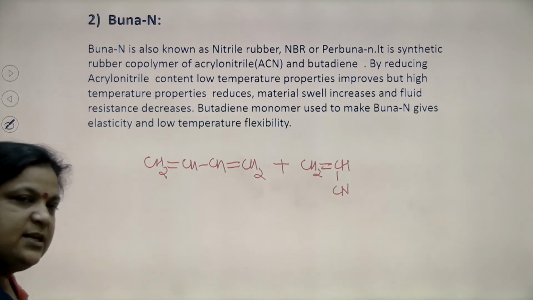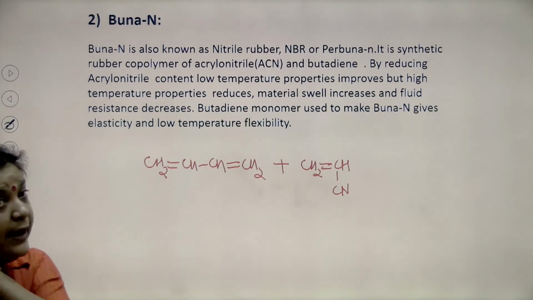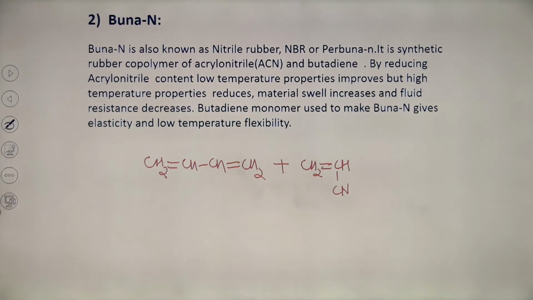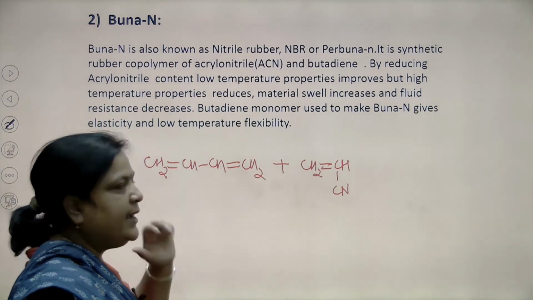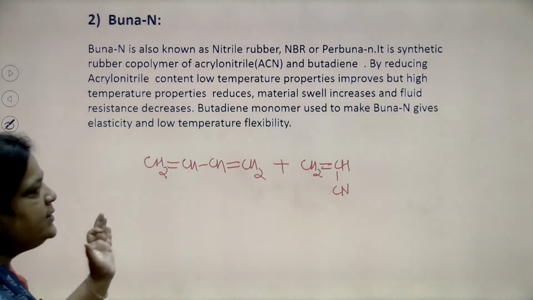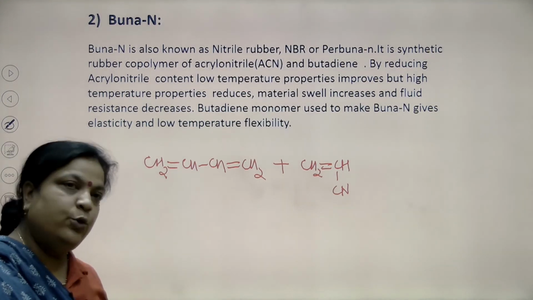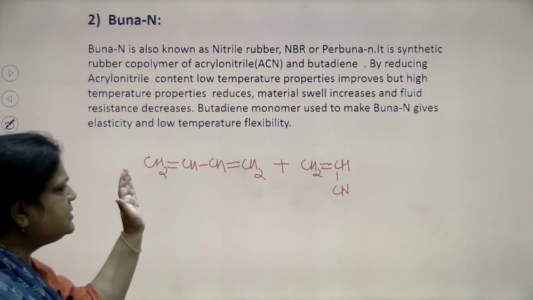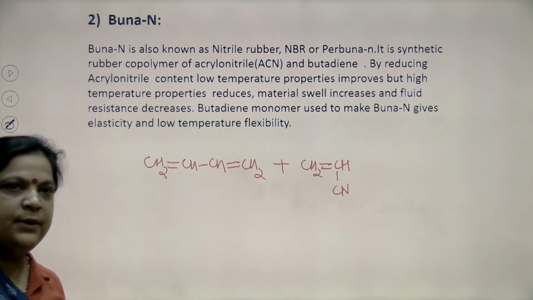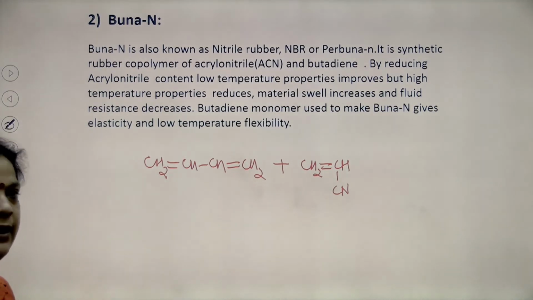Acrylonitrile is the monomer of acrylon paint and acrylon clothes, which is a fiber, but here it is copolymerized with butadiene, and generally a 2:1 ratio is preferred. A 2:1 ratio means 66 or 67% of butadiene copolymerized with 33% of acrylonitrile.